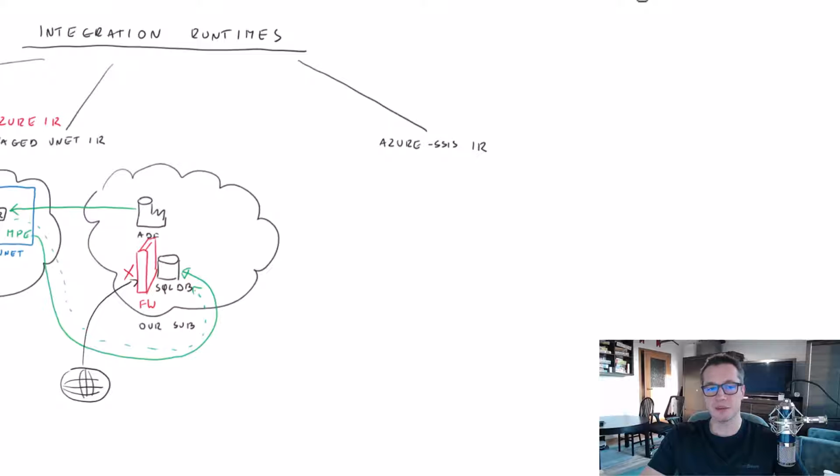And yes, it is possible in ADF. We can just take our SSIS packages and execute them. But to make it happen, we've got to use this Azure-SSIS integration runtime, which basically is a virtual machine provided by Microsoft that is able to execute our SSIS packages. And that's it. That's the only use case for this type of integration runtime, to execute SSIS packages.